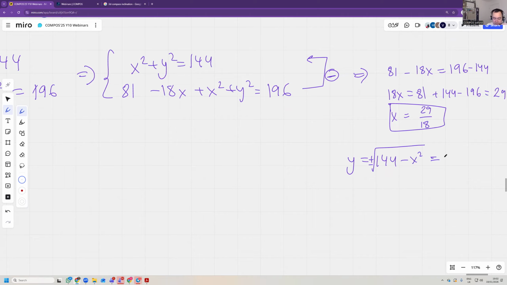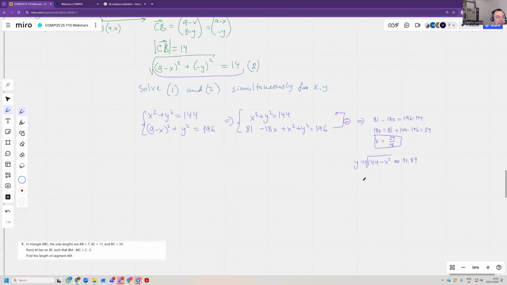And that means square root of 144 minus 29/18 squared. Okay. It's approximately 11.89.